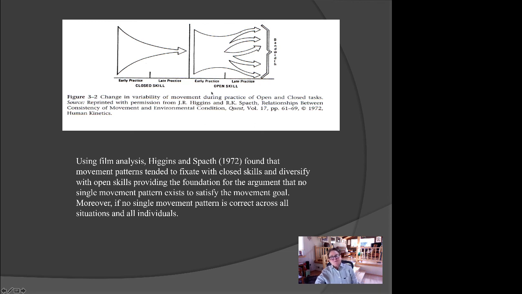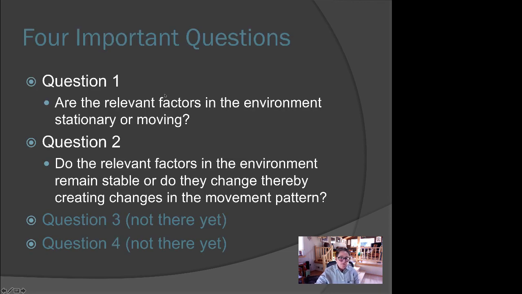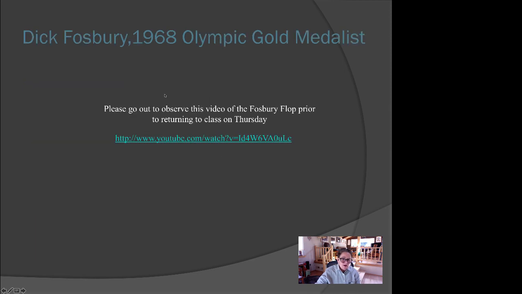We're going to start with this particular diagram on Thursday, but what I'd like for you to do is go out to this Fosbury tape and watch that before Thursday's in-class lecture, and also this Huffman video before you come back to class on Thursday.